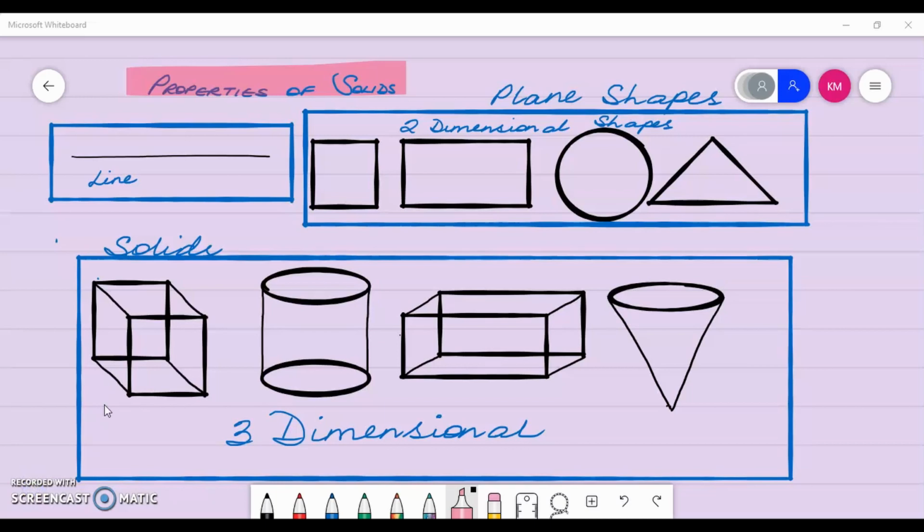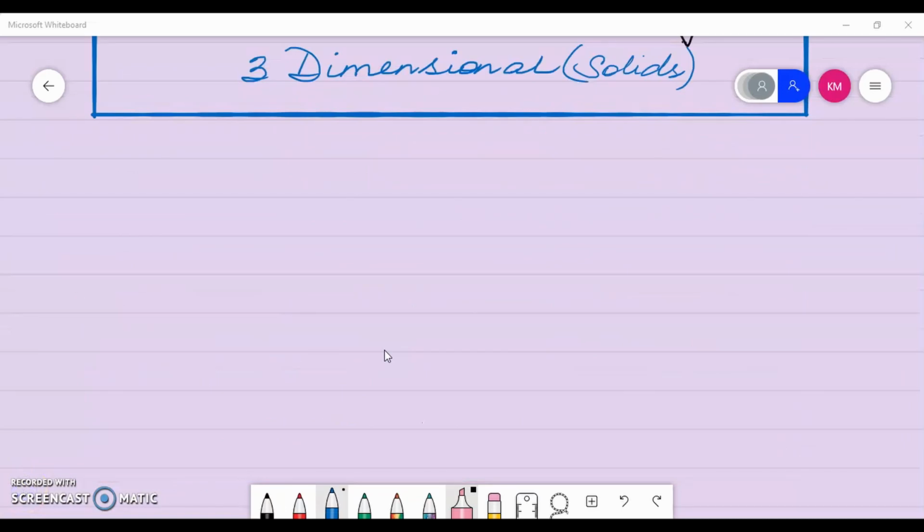Now let's examine the properties of some basic solids. Let's draw our first solid, a cube. In order to draw a cube, I need to draw 12 lines.